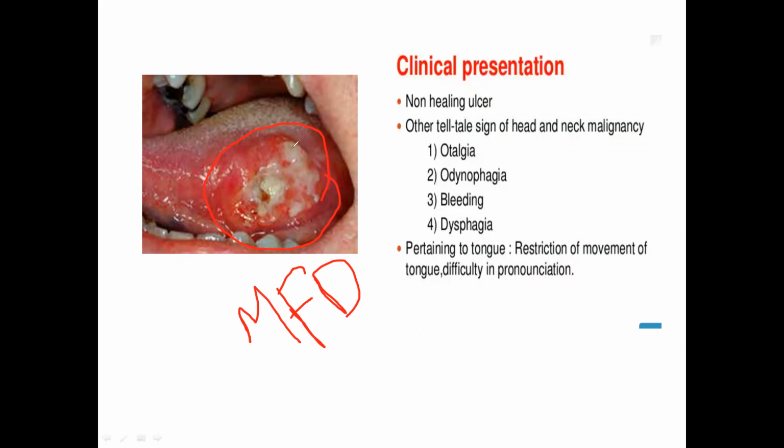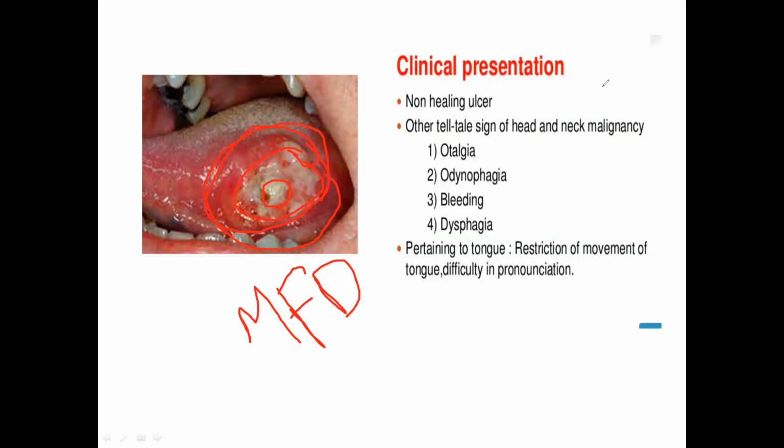So you say a non-healing ulcer with an indurated, meaning depressed, center, and elevated borders, present for so and so days based upon the history, giving trouble in eating, and it bleeds when it gets a little touch, giving problems of swallowing, is called squamous cell carcinoma.